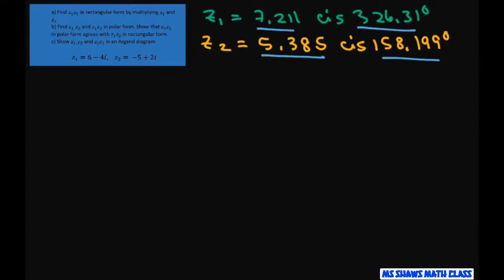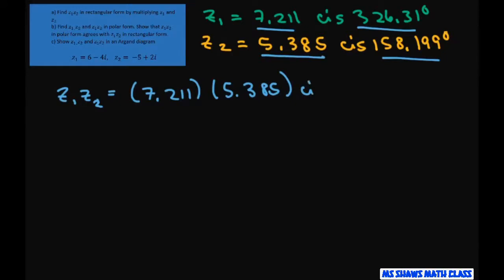So Z1 times Z2 equals 7.211 times 5.385 cis of 326.31 degrees plus 158.199 degrees.